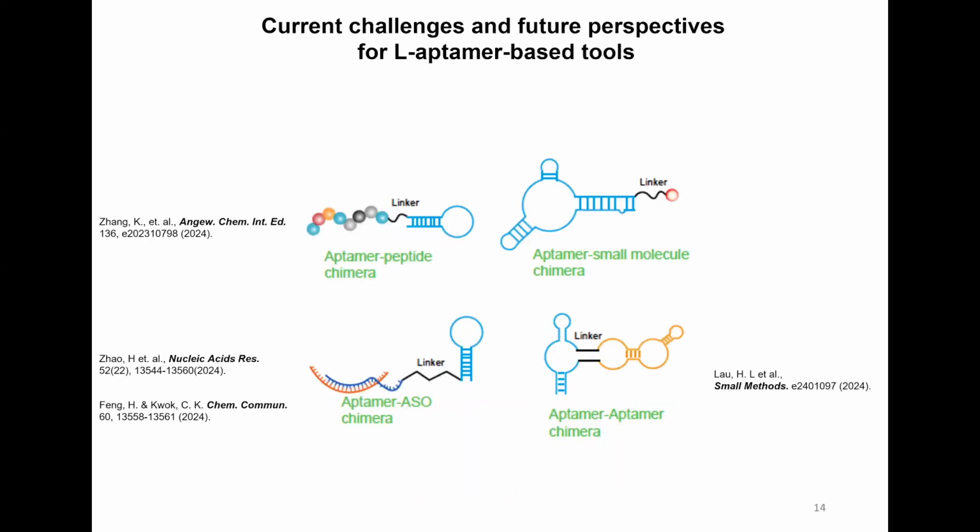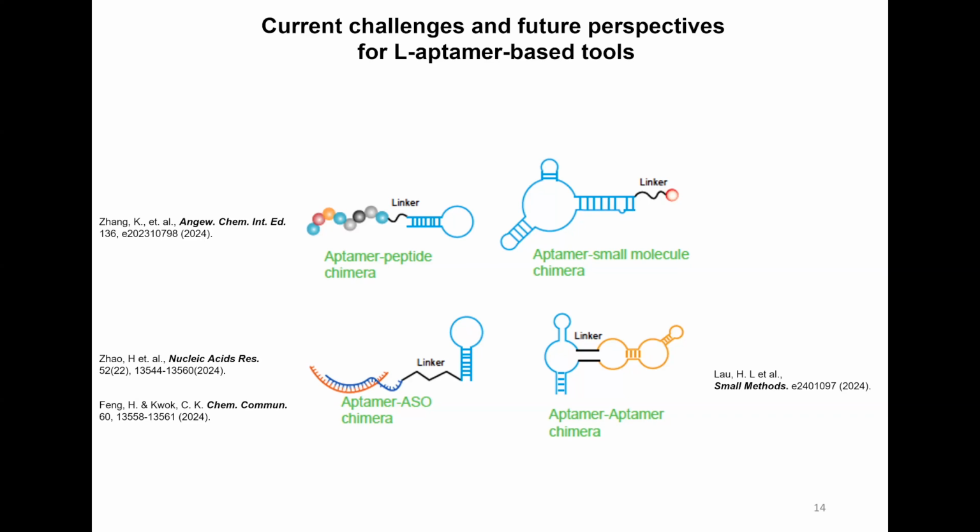Okay, so that is the aptamer alone thing that we do in the lab. And then the next stage is, many speakers and posters have shown you can couple aptamer with other stuff to improve the performance, stability, or bivalent targeting, etc. So we're trying to do that with the L-aptamer as well.